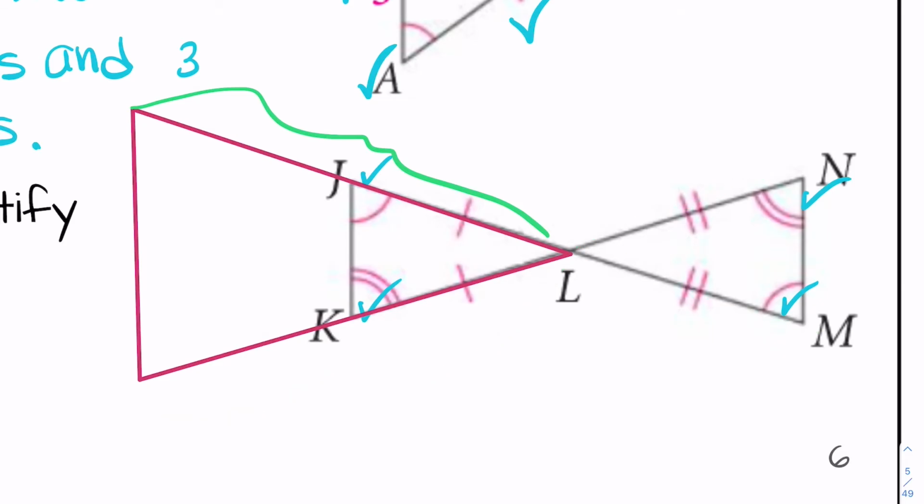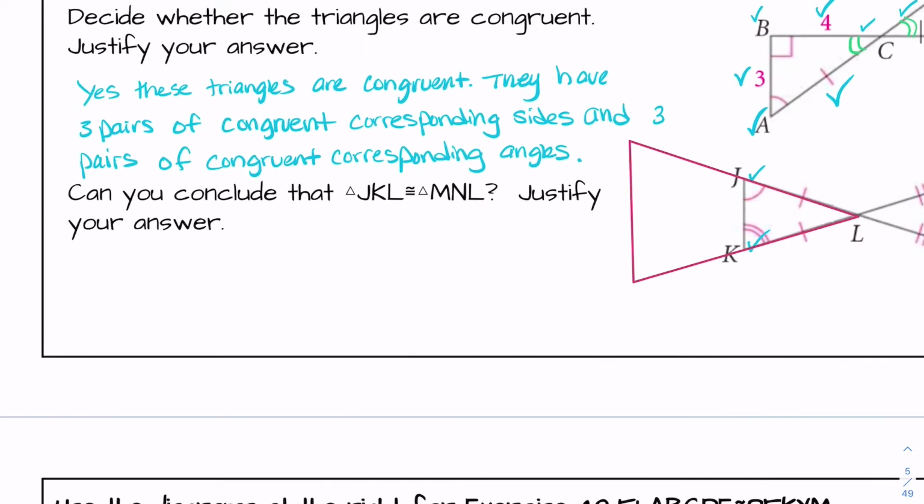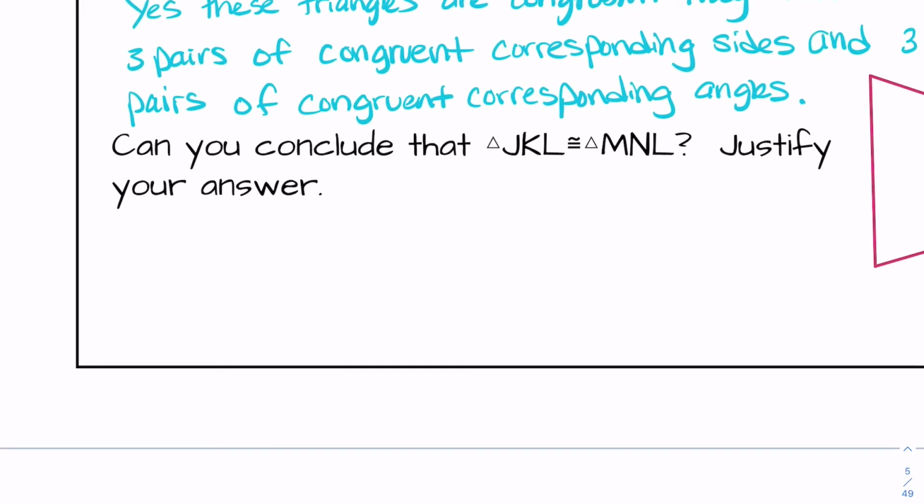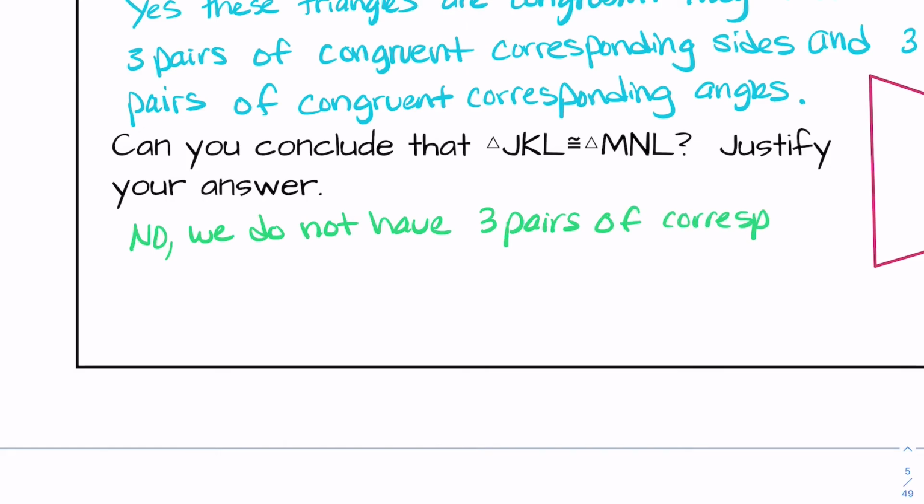So we have to be very careful. We're going to say no. We do not have 3 pairs of corresponding congruent sides and angles.